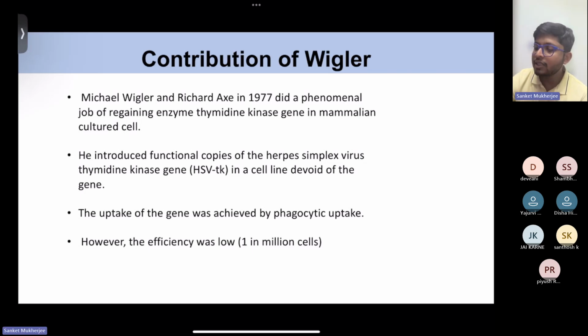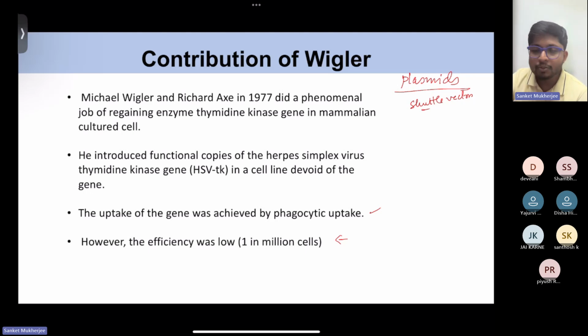So this gene was taken up by phagocytic uptake. However, the efficiency was very low. Very few cells were able to take up this gene. Nowadays, when we perform gene insertion experiments, if you remember the plasmids we had already discussed in one of these slides earlier, plasmids are usually inserted. If you remember, there are shuttle vectors which can work in more than one organism.